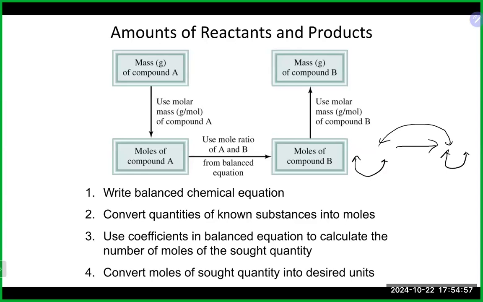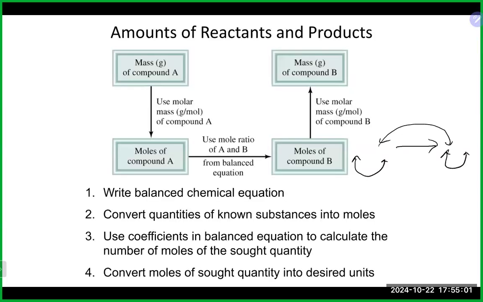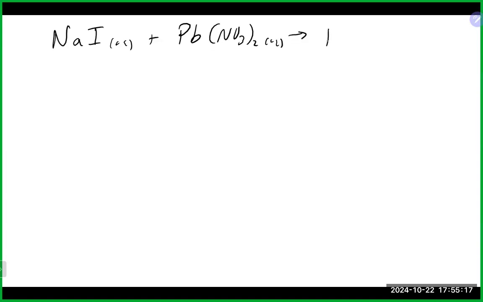So let's say we had something like this. Let's say we had this equation here. We took a little sodium iodide, reacted with some lead nitrate. Gives us a little lead 2 iodide and a little sodium nitrate here, right?